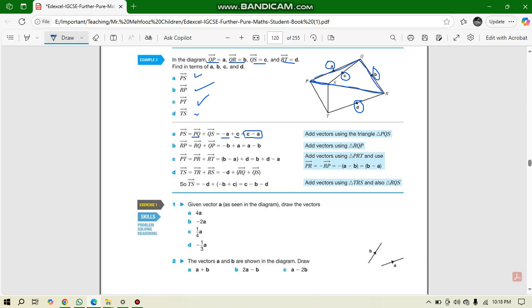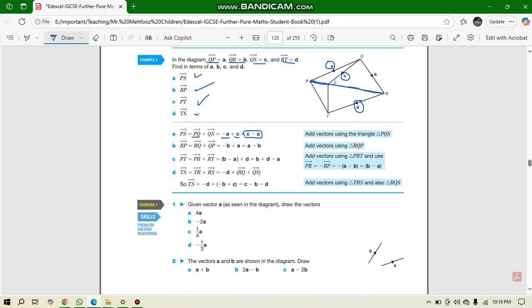You can also use RQ and QP, and you can also use PQ and QR, but at the end, when you use PQ and QR, you multiply with a negative sign, because we find RP. So we are finding the value of PR, so that's RP, so that's why we use this method.